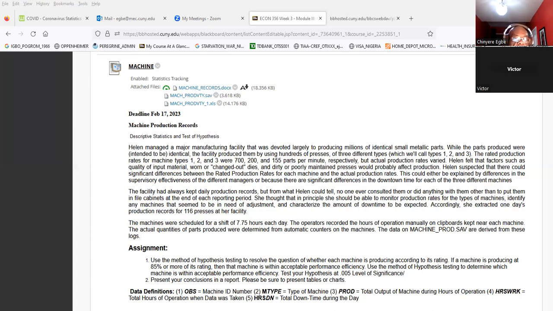Now, I calculated the per minute output because you were given the output for the whole day. I illustrated the hypothesis testing and the calculation of average based on the output for the whole day, not the output per minute. I just wanted to show you how the sample mean and the sample standard deviation are obtained. But for you to solve this problem correctly, you have to calculate the output per minute.